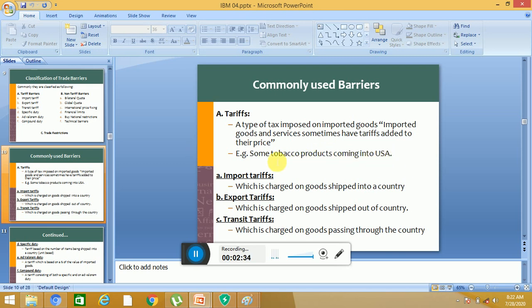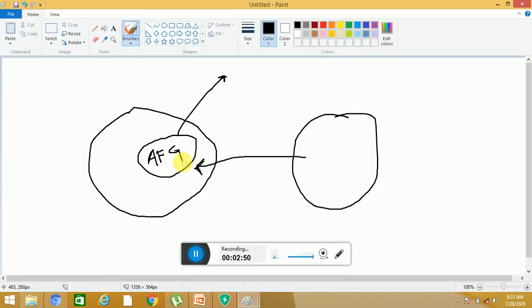from these airline companies. Now, tariffs are further divided into 6 types. The first one is import tariff, which is charged on goods shipped into a country. When goods are coming into the country, the government of this importing country charges a tax from the company. Suppose a company in this country is sending mobile phones. The government of Afghanistan charges taxes from the company on these mobile phones.